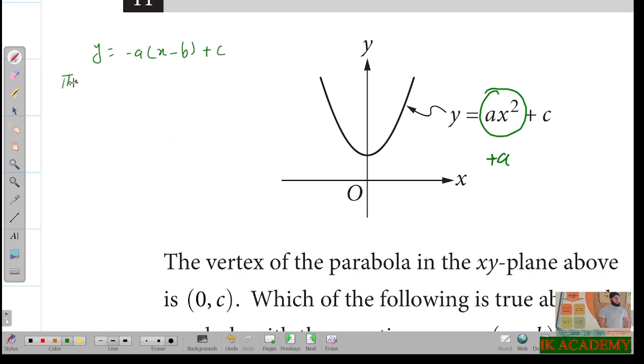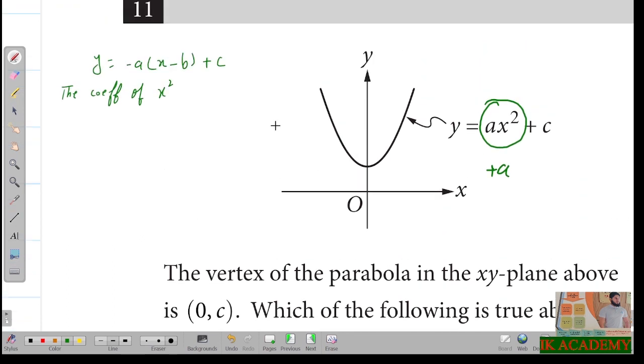The coefficient of x square is a negative number, which is minus a. So it opens downward.